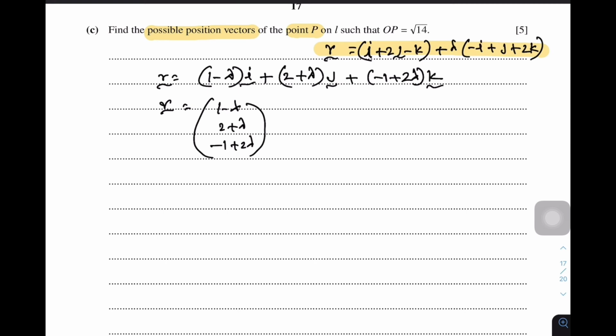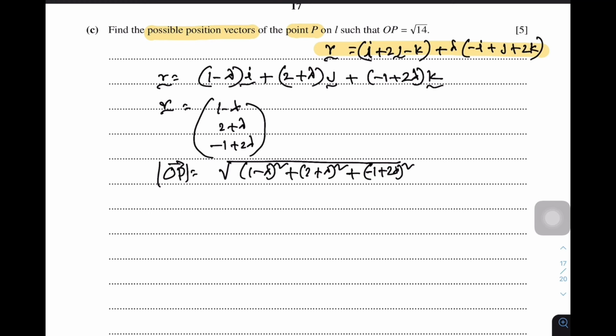So if P is any point on the line, the position vector OP we can find from here. The modulus of OP equals the square of (1 minus lambda), the square of (2 plus lambda), the square of (minus 1 plus 2 lambda).